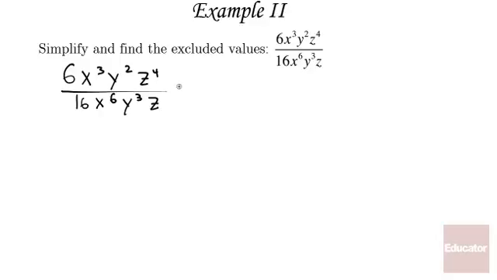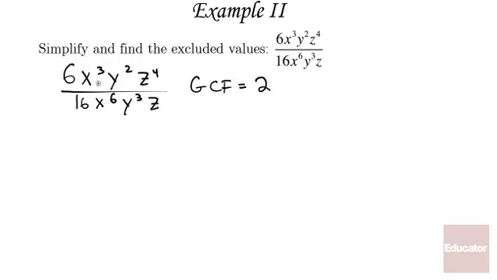Just be very careful, make sure you haven't missed anything. And if I'm looking first at the greatest common factor of the numbers, the greatest common factor of 6 and 16, well, those have a common factor of 2.